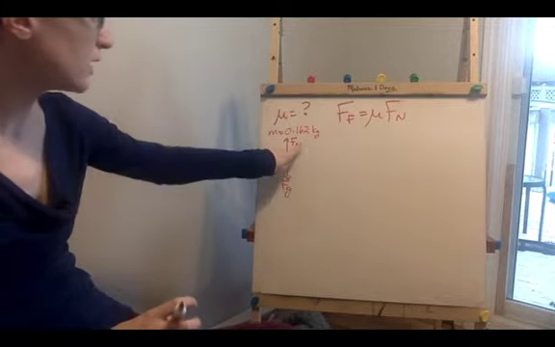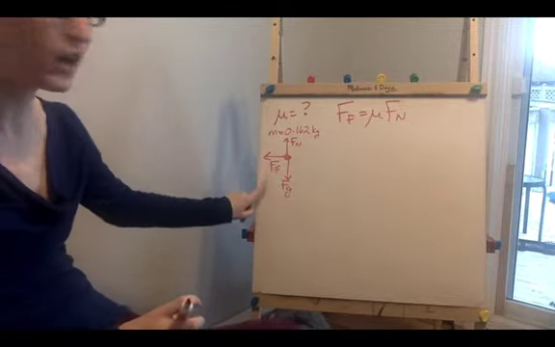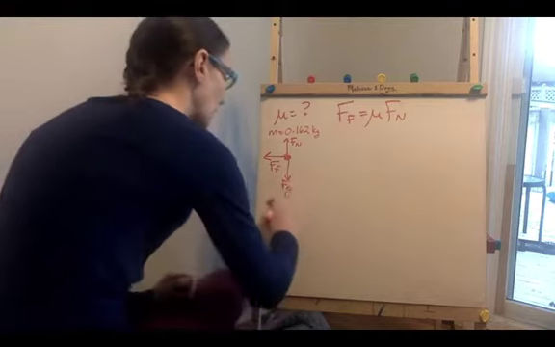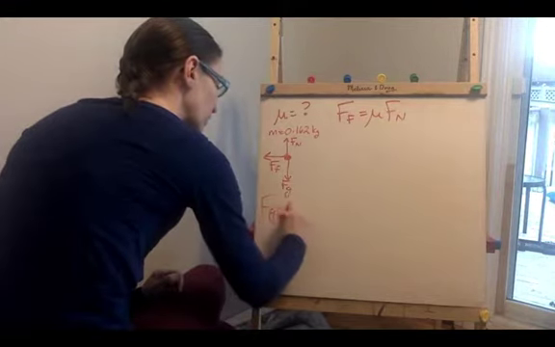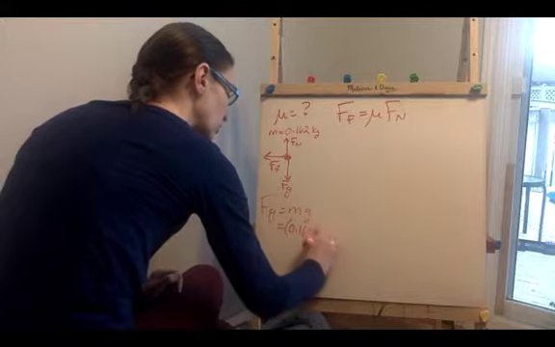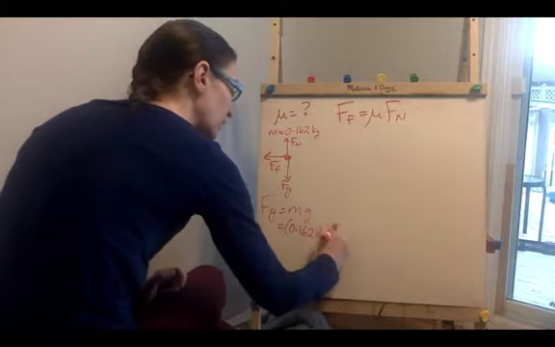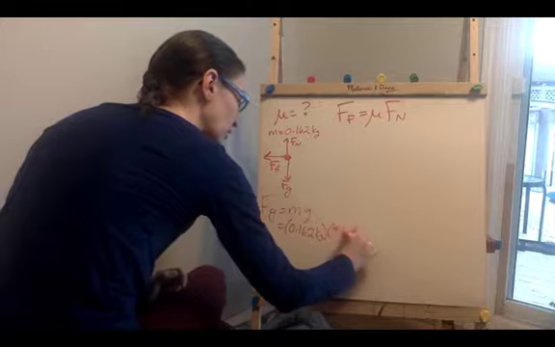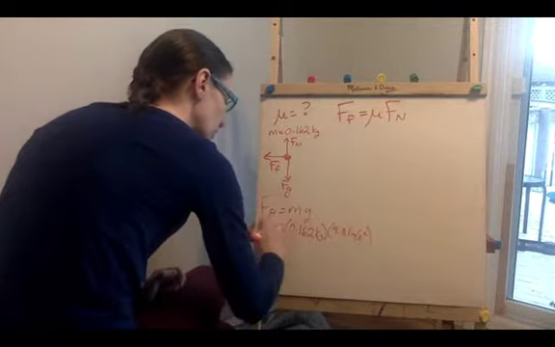Well, I can get my normal force because I can find my force of gravity. Fg will equal the mass times gravity, so that will be 0.162 kilograms multiplied by 9.81 meters per second squared.